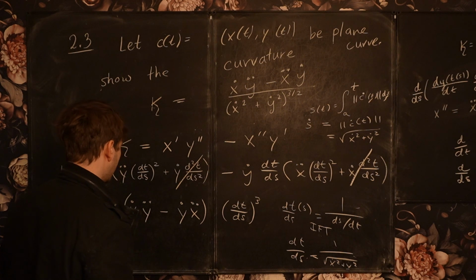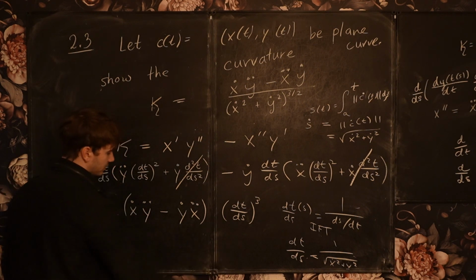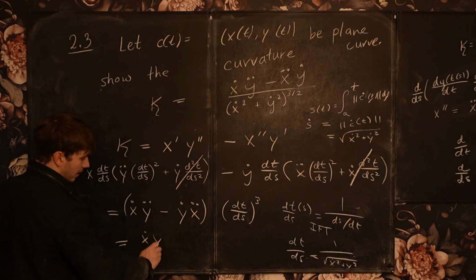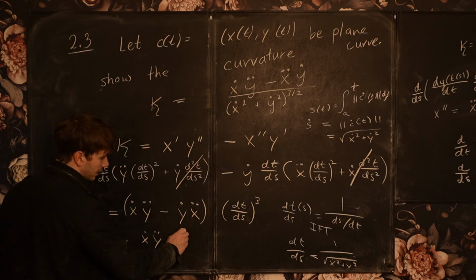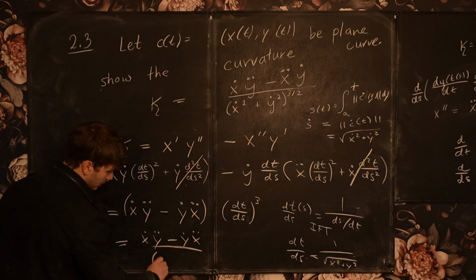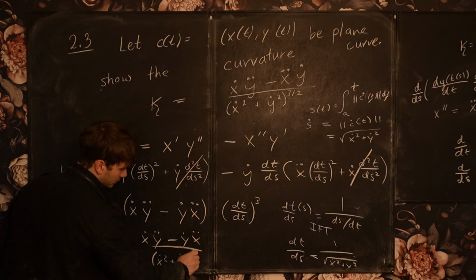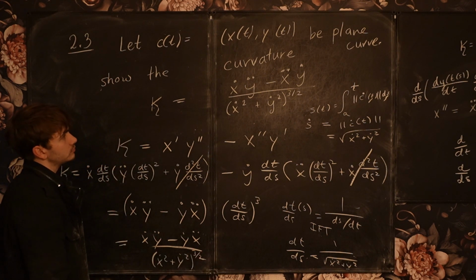And that gives us our expression, because we just plug that in for dt over ds and we get x dot y double dot minus y dot x double dot divided by x dot squared plus y dot squared to the 3/2.